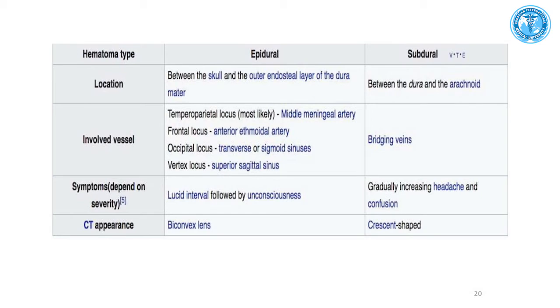For example, if we take location, you know that the epidural space is localized between the skull and the outer layer of the dura mater, and subdural between the dura and the arachnoid.